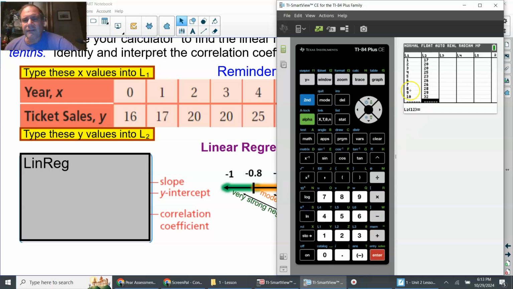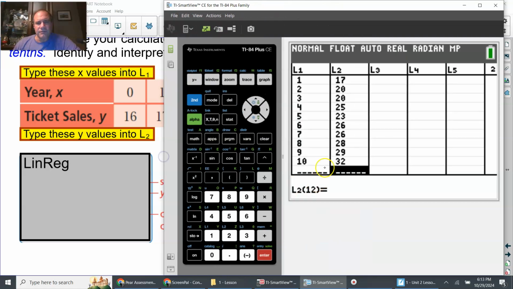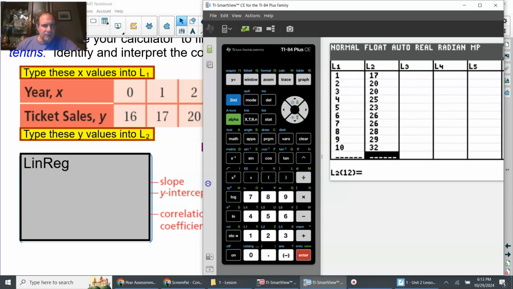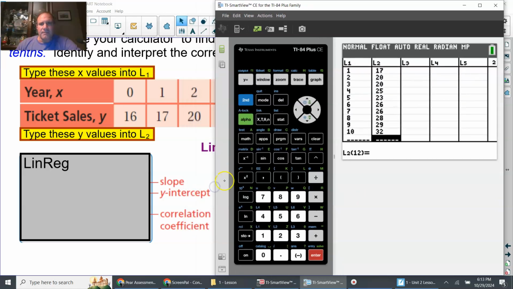Notice that I have the same amount of numbers there. So we're just going to put the slope down, the y-intercept, and everything that is necessary, the correlation coefficient. Then I'm going to put the linear regression equation down on the line where it's supposed to be.